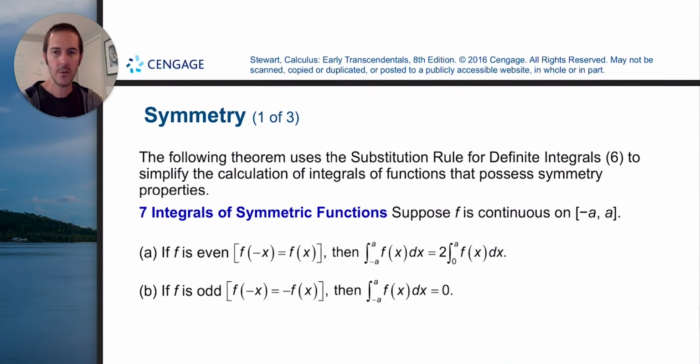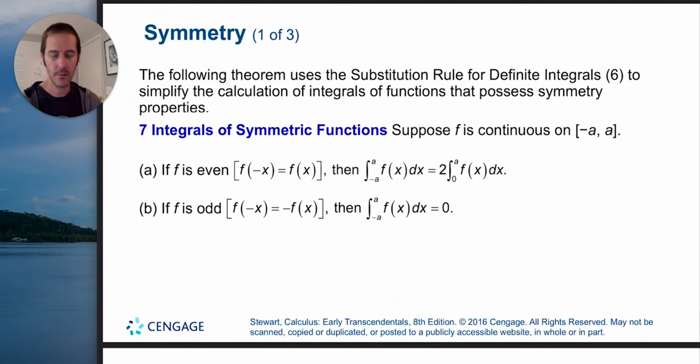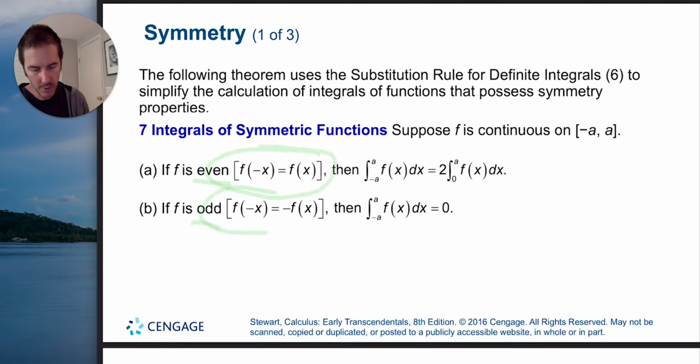And now just a few slides on symmetry. This is a shortcut essentially. We're going to be talking about even and odd functions. Here's a quick reminder of the definition of even and odd functions.